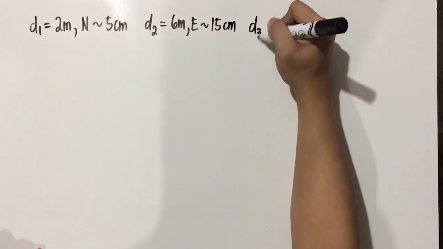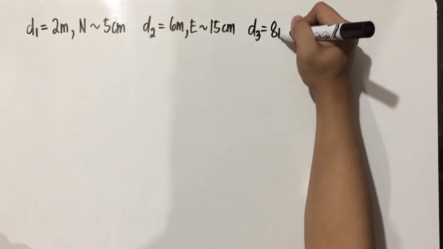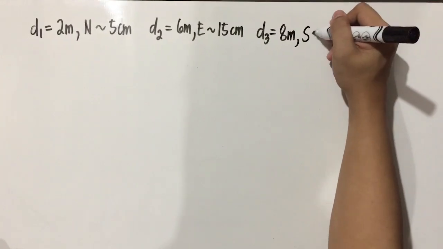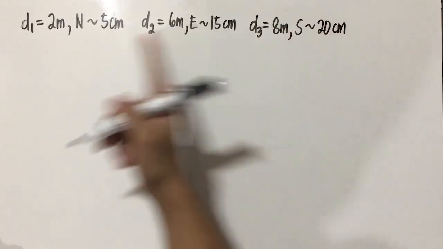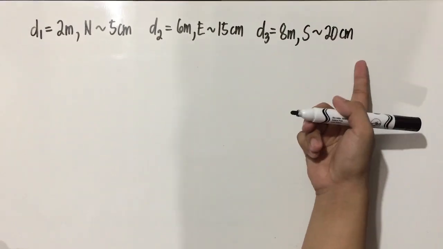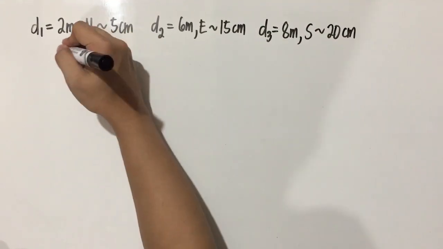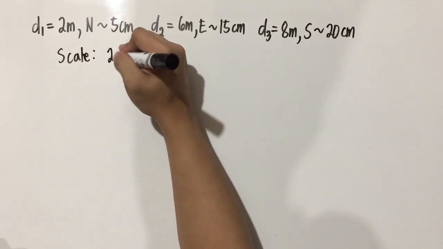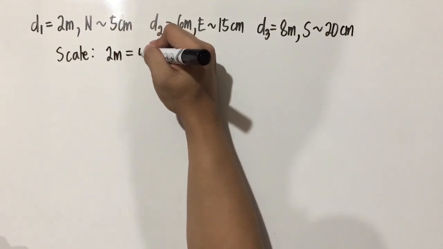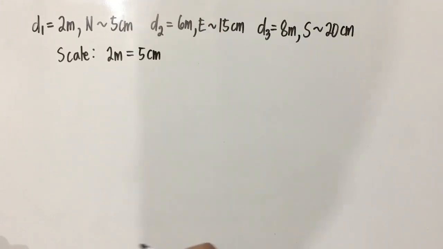And for d sub 3, we have 8 meters to the south, and that becomes 20 centimeters based on the scale. Okay, and let's write the scale again, in order for us to properly visualize everything we have here on the board. So 2 meters is equal to 5 centimeters.